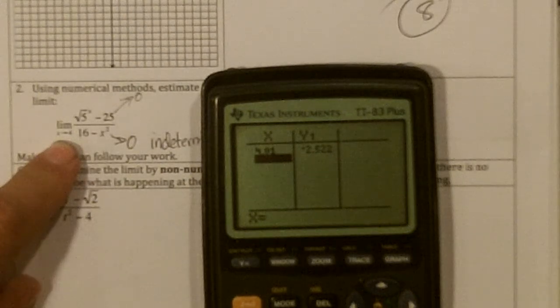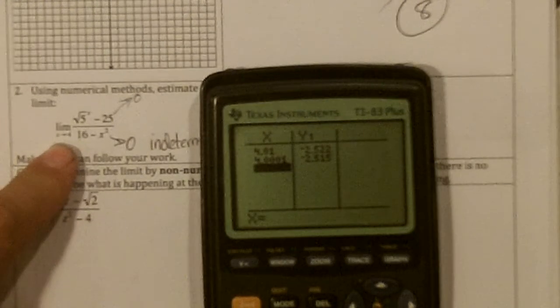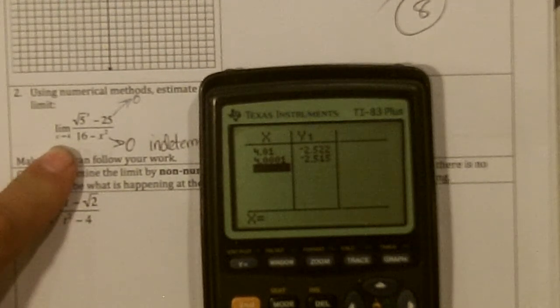If I get a little closer to 4, 4.0001, I get negative 2.515. Let's go from the other side a little bit here. So that'd be 3.99, which is pretty close, and that's negative 2.508. Let's get closer.